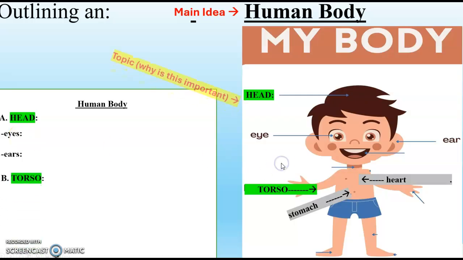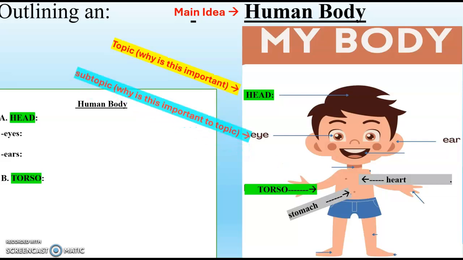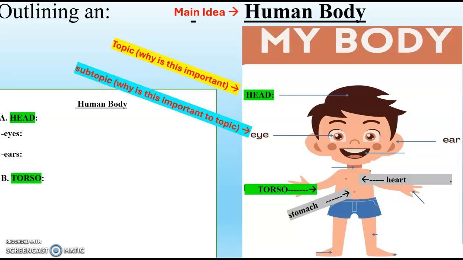The head is going to be your first topic, and then your eyes are going to be your subtopic. How do the eyes help the head? You can put down, for this example, eyes help the head by giving the person vision. And another example of a subtopic for the head would be the ears. How do the ears play a role in the head?